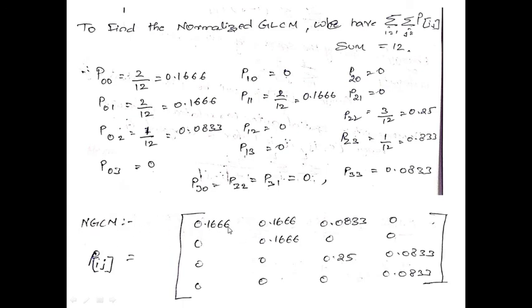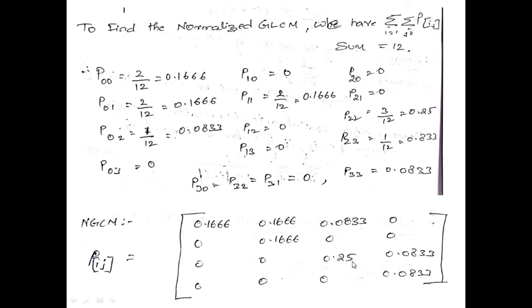That means each and every element is in probabilistic form, so each element is in the range between 0 and 1. Among all these elements, the maximum probability is 0.25.